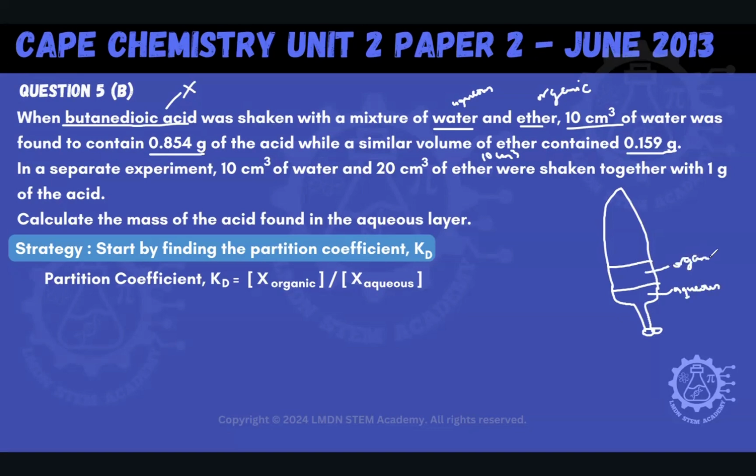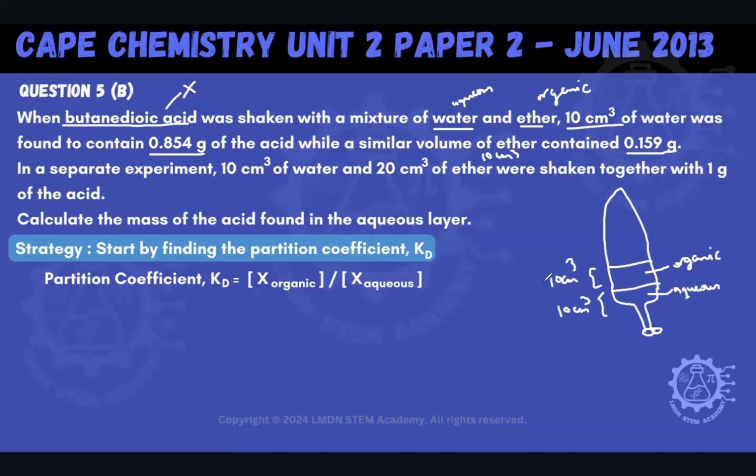So my organic layer will always be on top, and my aqueous layer on the bottom. Both of these were equal in volume: the organic layer had a volume of 10 cm³ of ether, and the aqueous layer 10 cm³ of water. That's what we had in this initial case.